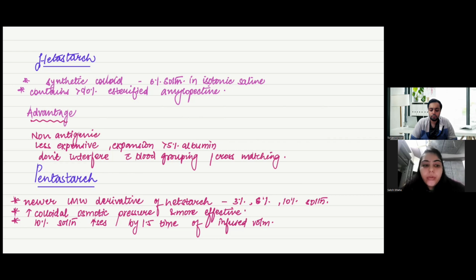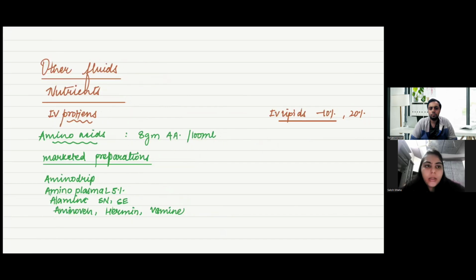The newer modality is the low molecular weight derivative, pentastarch, which comes in the form of 3%, 6%, 10% solutions. It has high colloidal osmotic pressure and it is more effective. Usually when we give a 10% solution to any patient, it increases the volume by 1.5 times the infused volume.